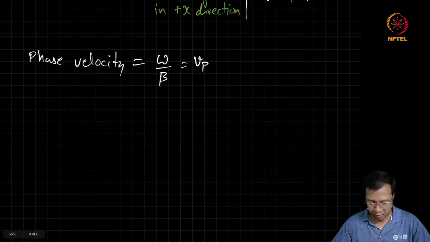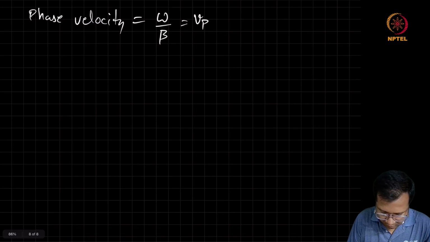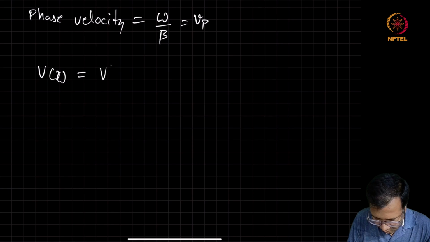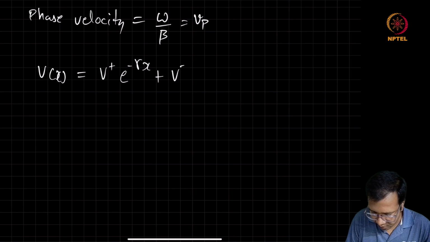Coming back to the phasor notation, we know V of x is equal to, say, V plus e power minus gamma x plus V minus e power plus gamma x.